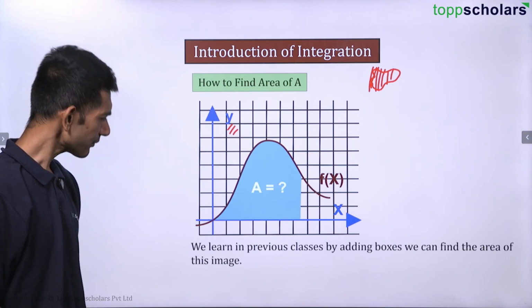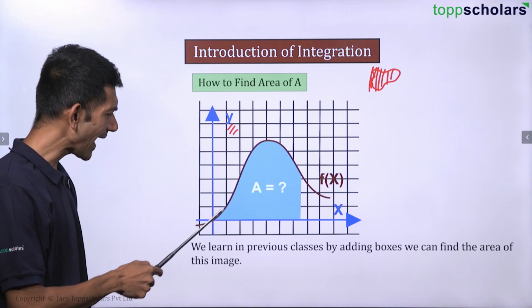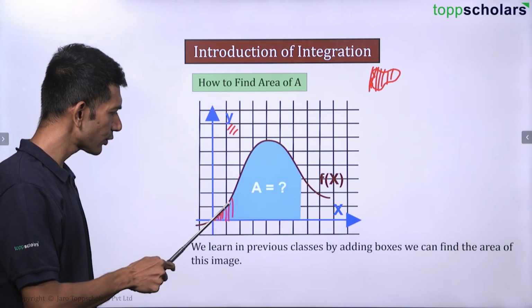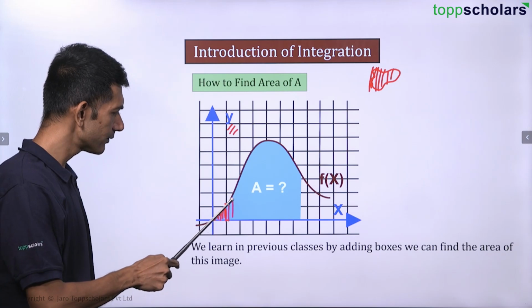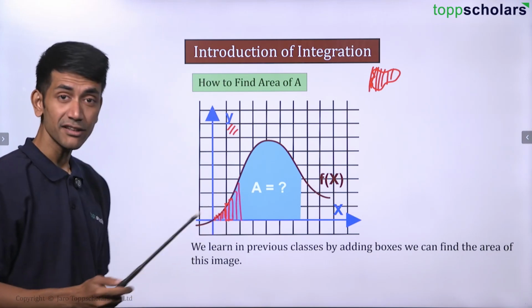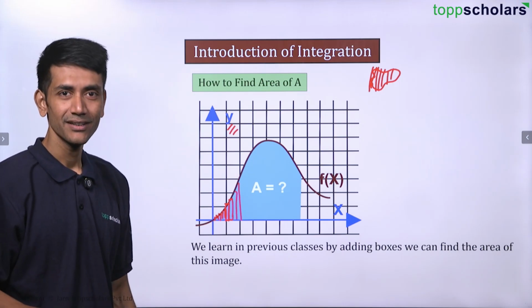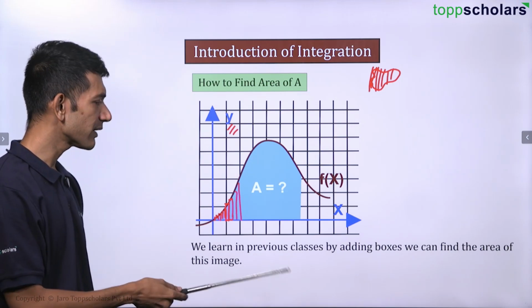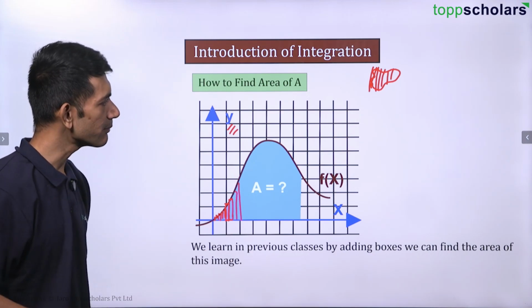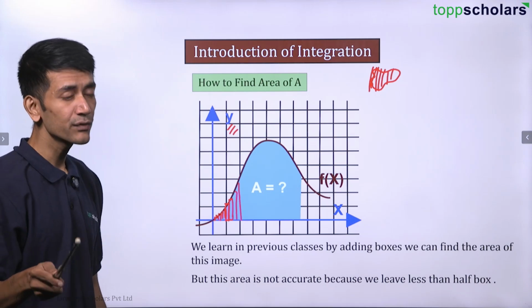So here also we do the same thing. We break it down into small pieces of rectangles. You can see rectangles form here, right? And when I say small, that means very small. We learned in the previous classes to add boxes to find the area of a particular image, but that does not give you the accurate value.